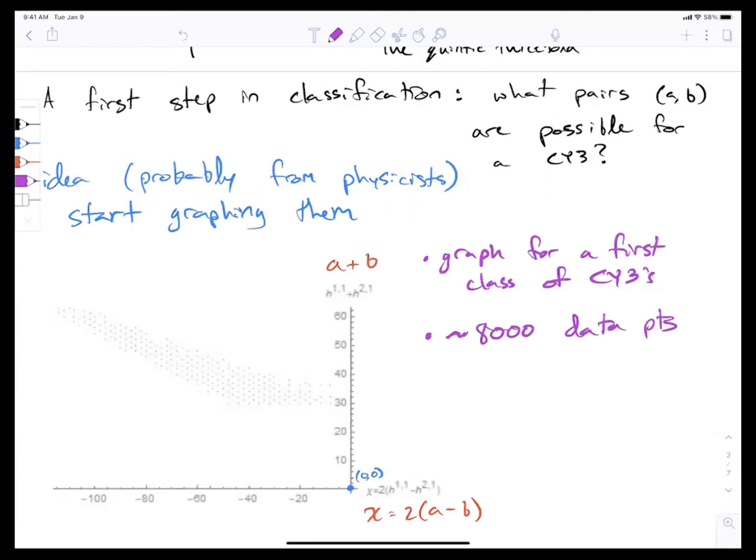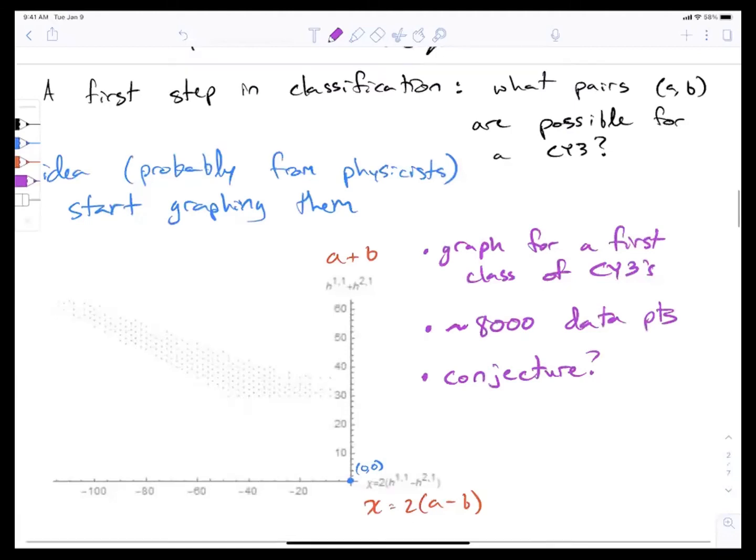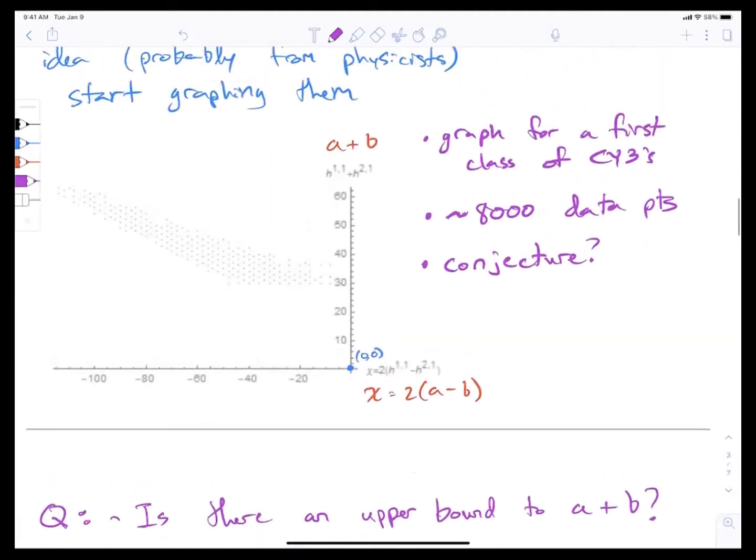Like it seems that there are some patterns here. Everything's kind of clumped in this one small region, right? So you can start to guess some things. The first question is, is there an upper bound? Can we not go too high if we look at A plus B?